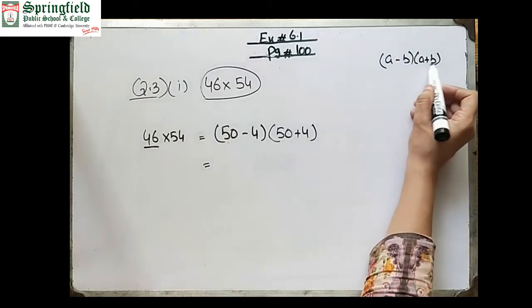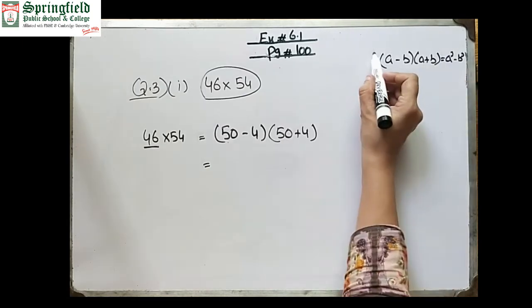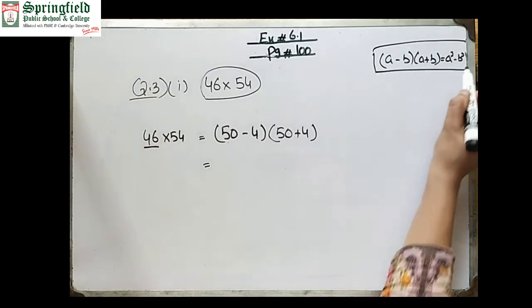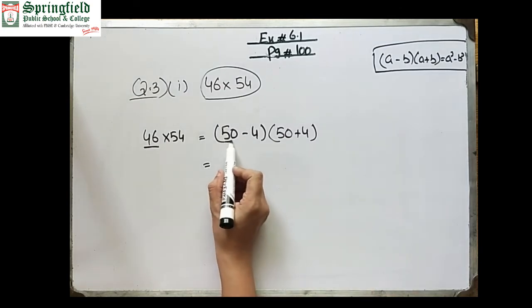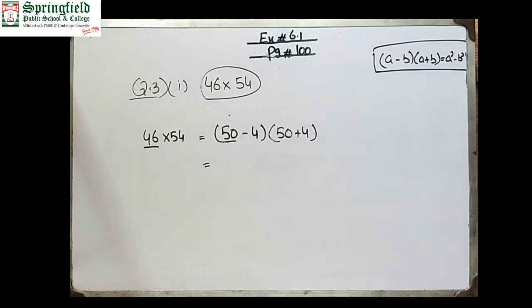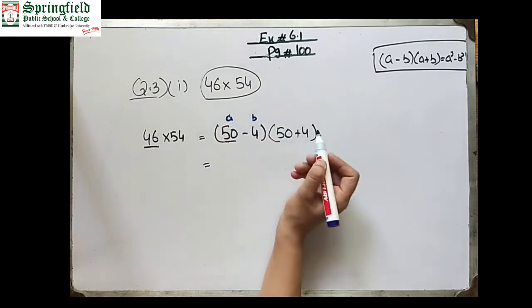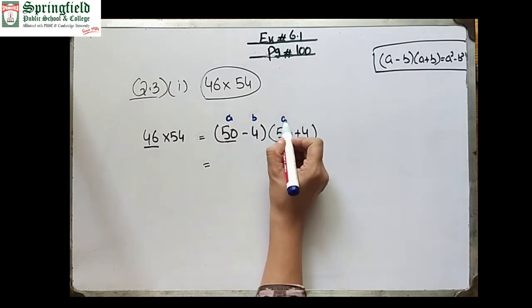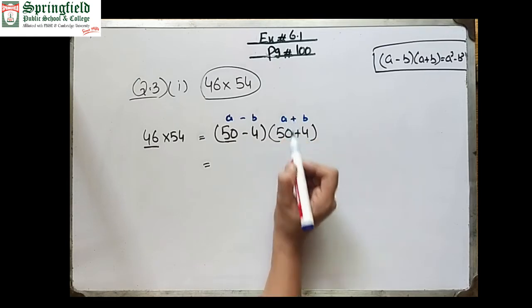So A minus B, A plus B is equal to what? A square minus B square. This was your third formula. Now you will consider that this one is A and this one is your B value. So 50 is also A and B, just the sign here is changed. A minus B, A plus B.